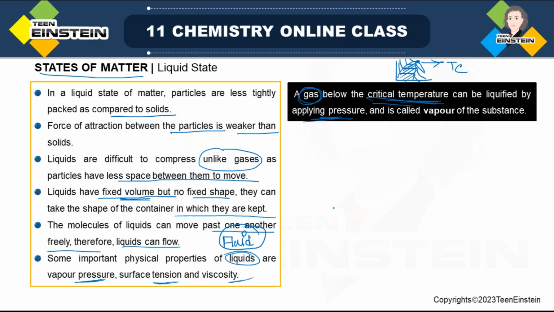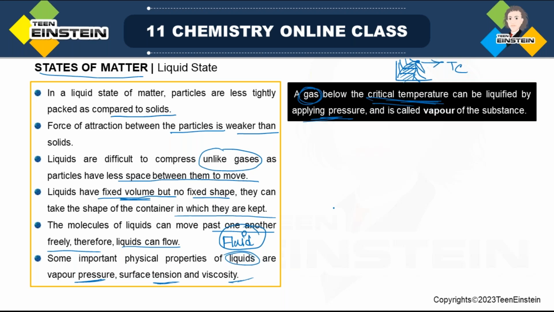gas is something which is in the gaseous state under normal conditions. But we call the gaseous state of water vapor, because water under normal conditions is not gaseous. You provide heat, then it is converted to the gaseous state, and then you can call it vapor. Under normal conditions it is not gaseous, so we cannot say it is gas. We have to call it vapor of water.